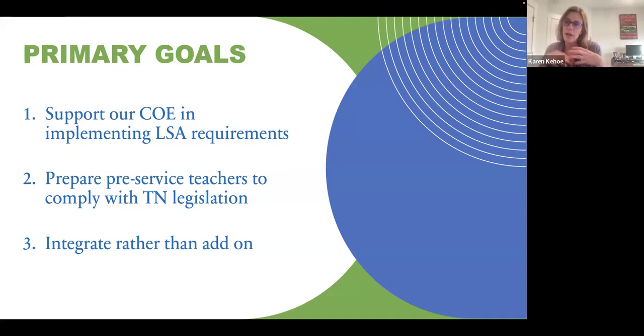Can we integrate dyslexia-specific content into those courses that they already have? For lots of reasons that made sense, because they can't necessarily add on, even the students with their course requirements could not necessarily add on another course. So how do we take their existing framework, their required coursework, and integrate some dyslexia-specific content? So those were our overarching goals.